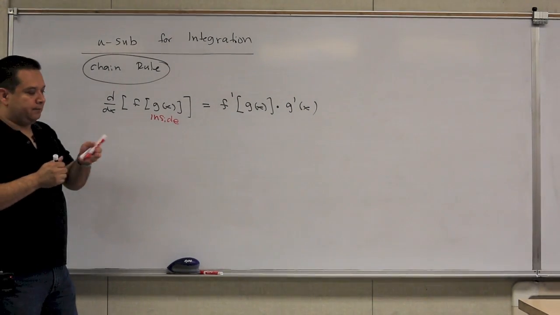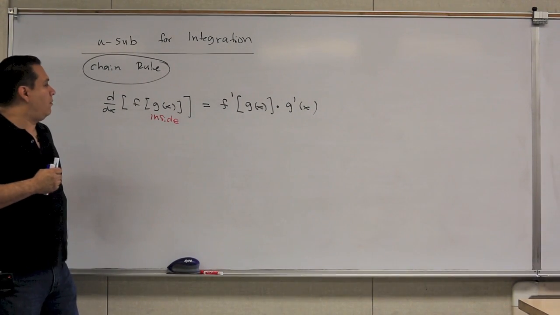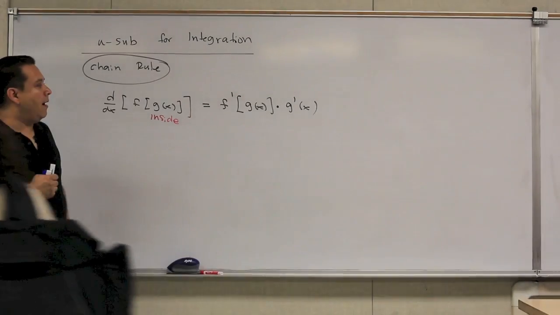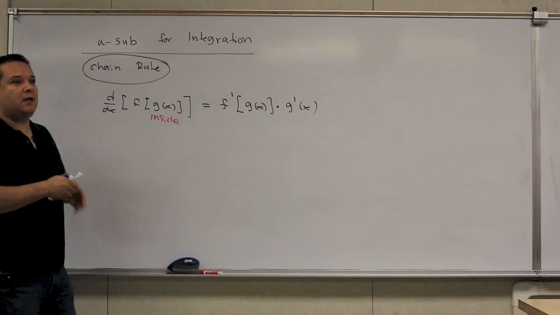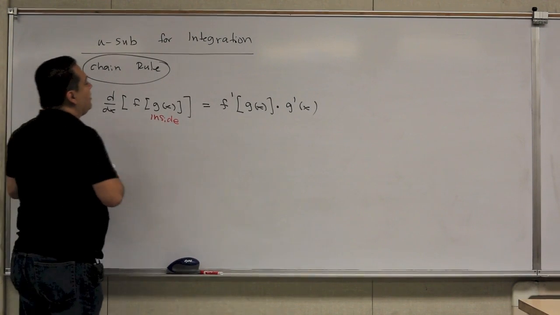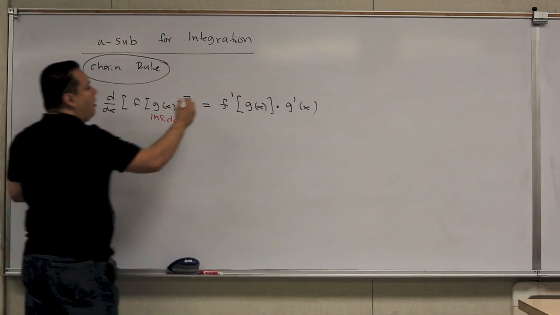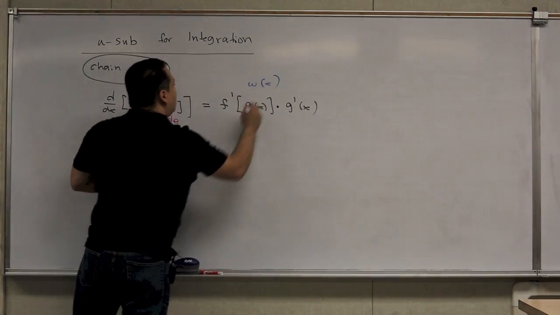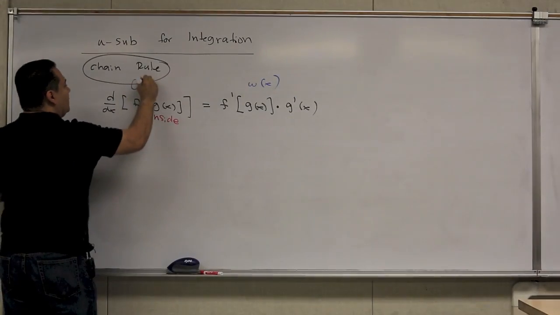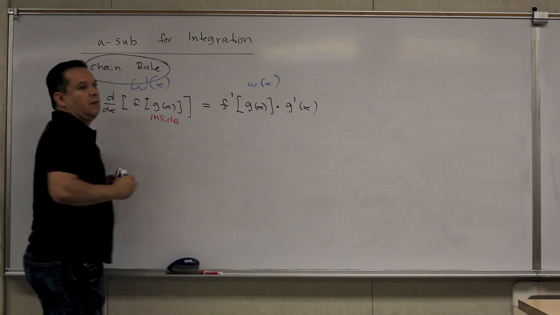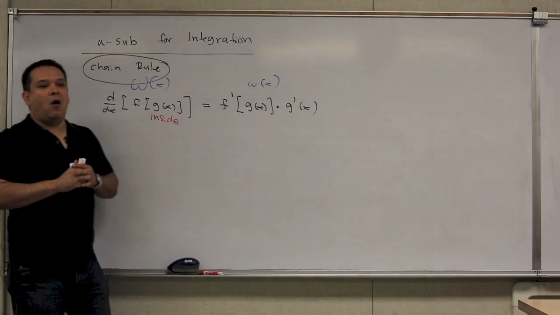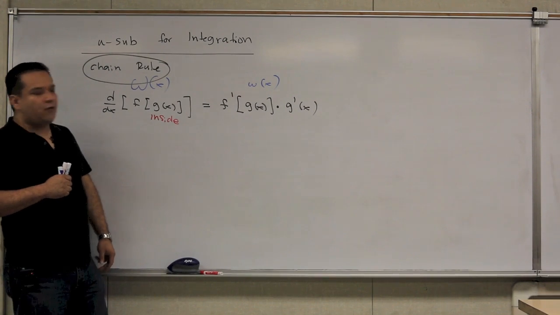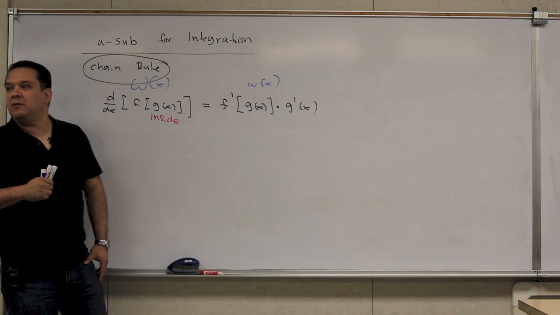Okay, you guys okay with that? So if you take a closer look at this, let's stop and think about it. Let's call this little w, and let's call this big W. Why am I going to call it little w and big W? In other words, what do we know about antiderivatives?